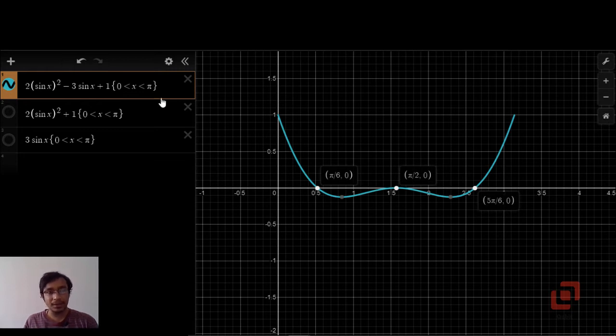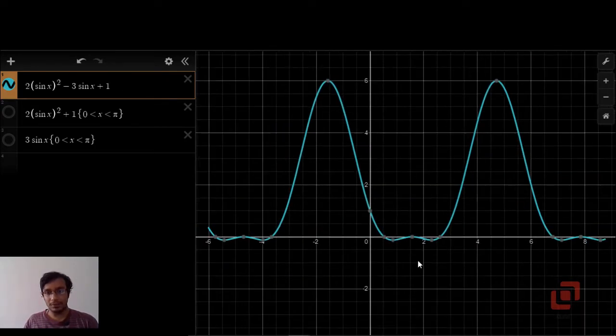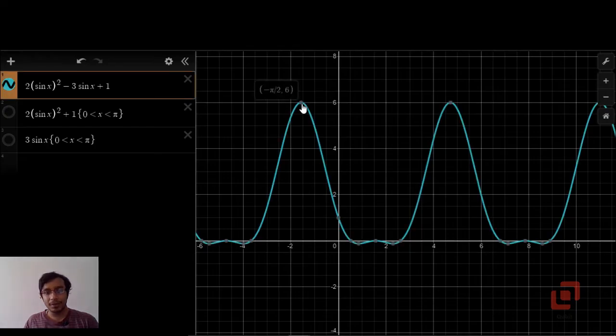Now let's see what happens if I remove this particular restriction. Now we will see a greater picture. So this is the graph of the entire function. Now I'll just measure the distance between these 2 points.